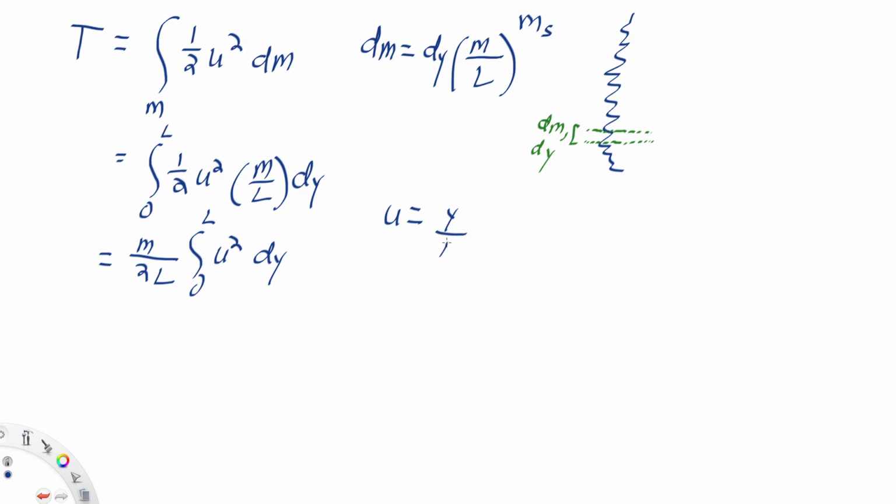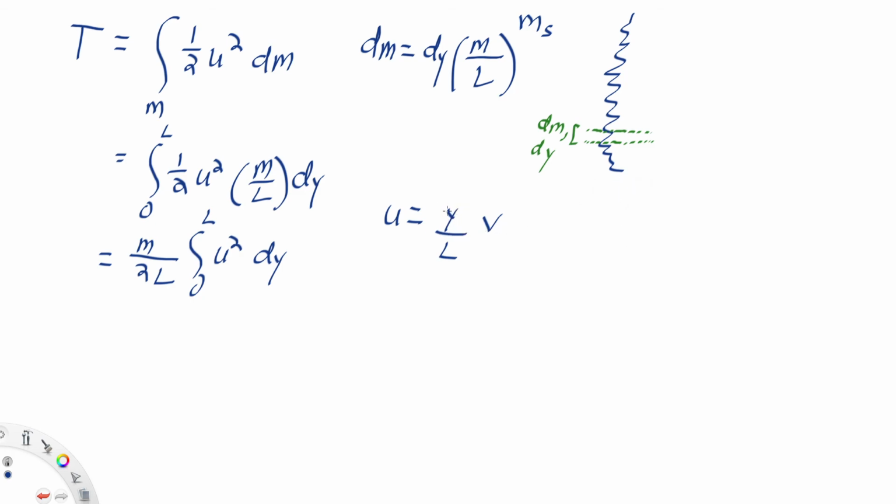So y over L is the fraction of the length down we are, and then v is the overall velocity of the spring. So this would be the velocity of the mass hanging on the end if we had one.